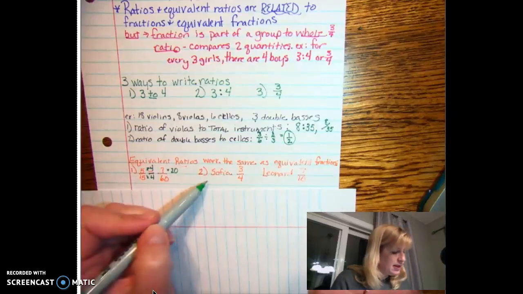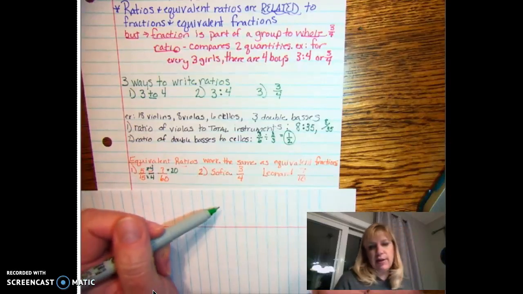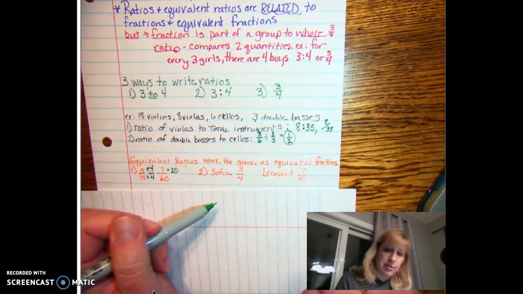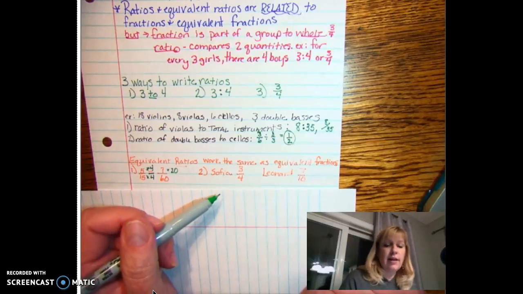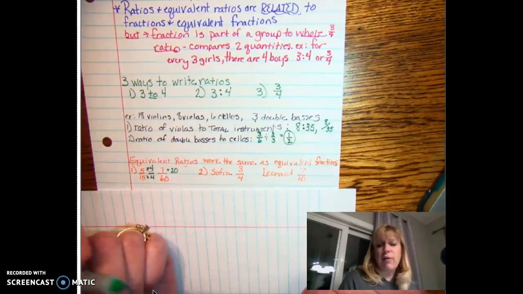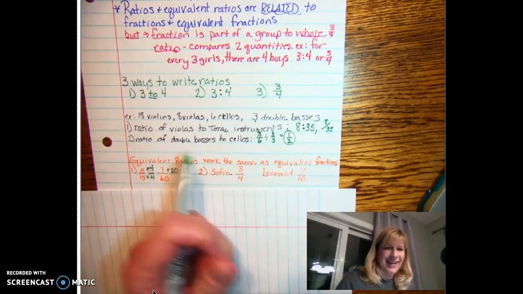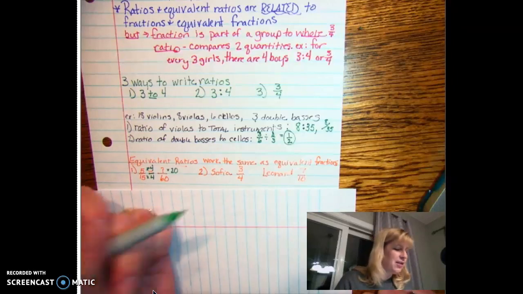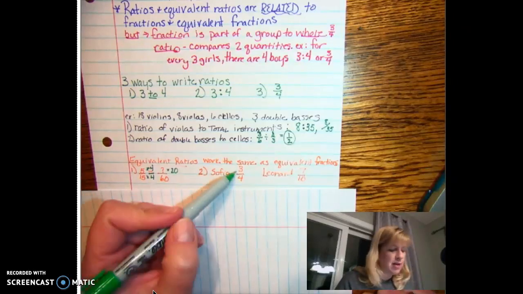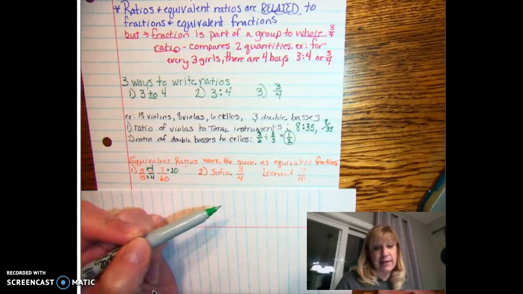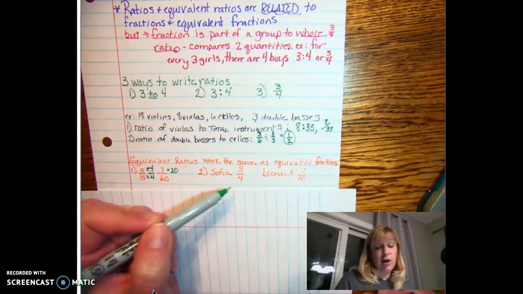So in this example, we are going to do a comparison between Sophia and Leonard. And let's say that Sophia really is kind of a great quarterback, a lot like Mrs. McKinley. And let's say she was the all-time quarterback and she completed 3 of her 4 passes during her game.